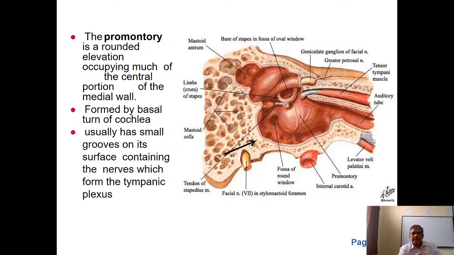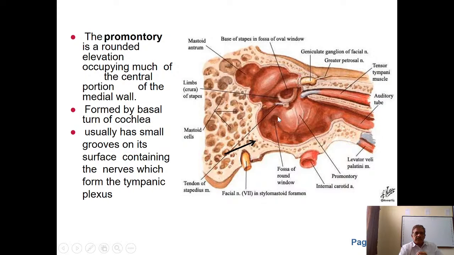and so this is the promontory, the bulge. That is the oval window, and that is the facial nerve, the tympanic component of the facial nerve, or the horizontal, and that is the horizontal semicircular canal. That is the oval window, and just below that is the round window.